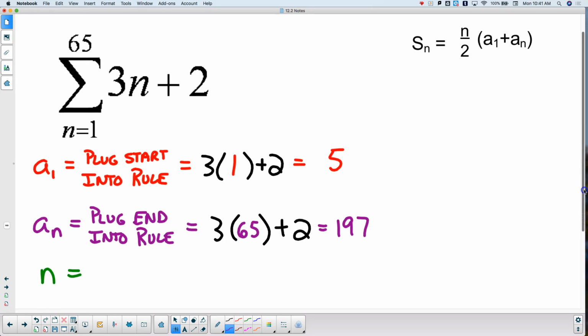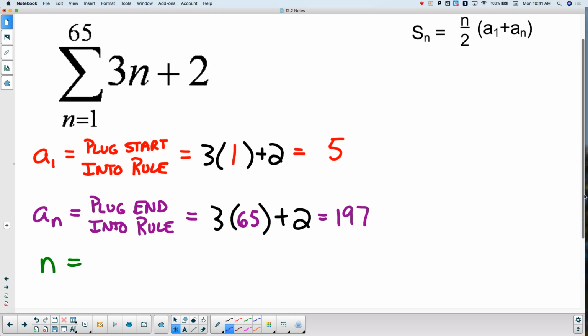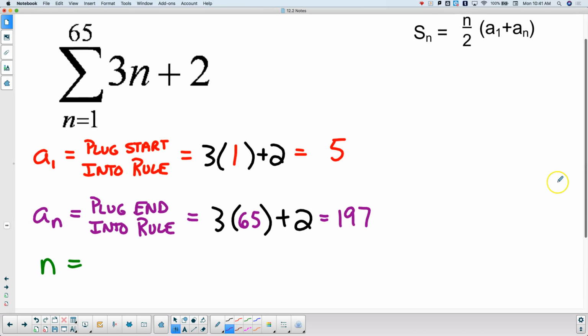And lastly, your total number of terms is going to be the end value minus the start plus 1.